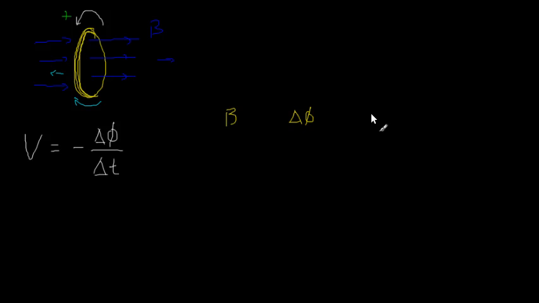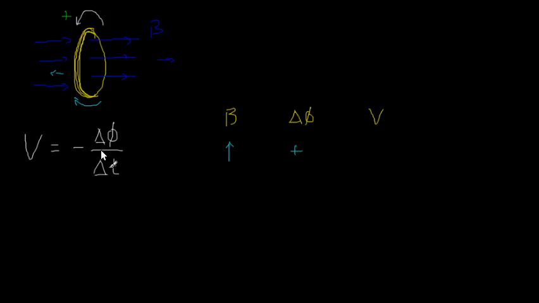So if the field increases, I would use an arrow up to represent increase. If the field here increases, the change in flux is positive. It's a positive change because the flux increases.